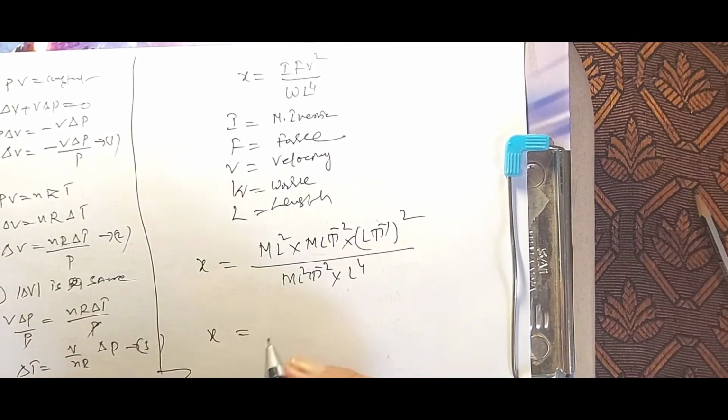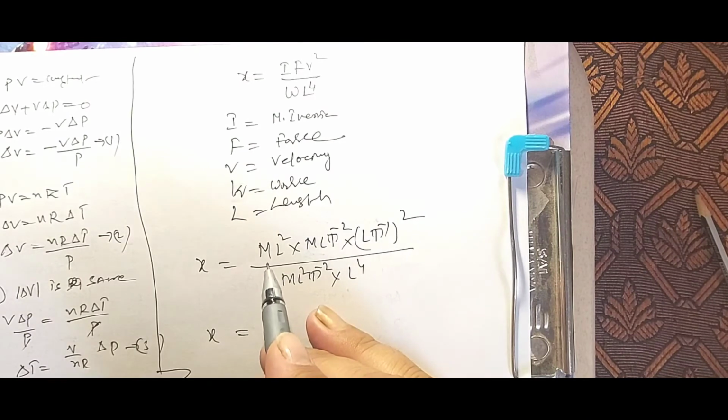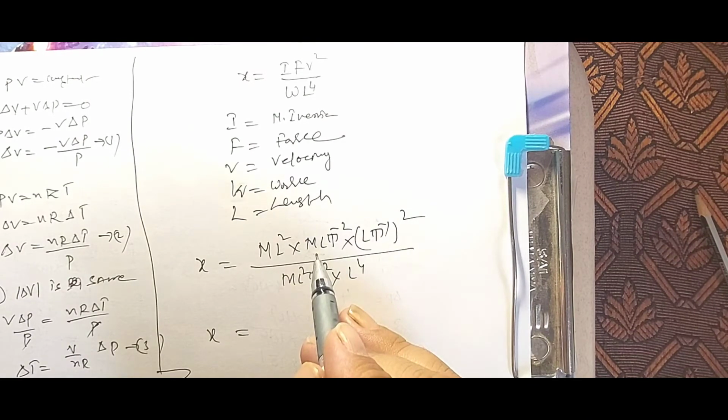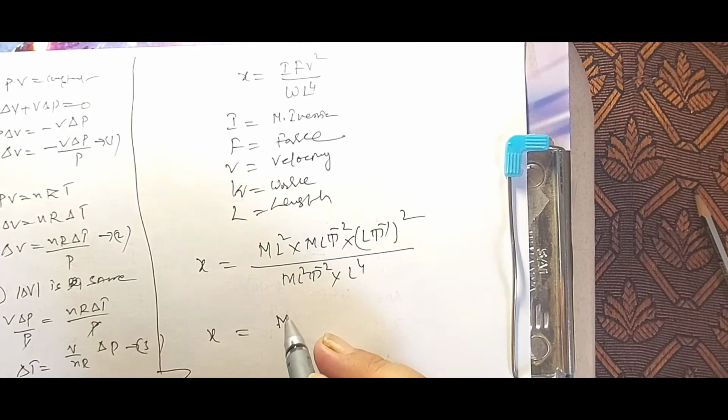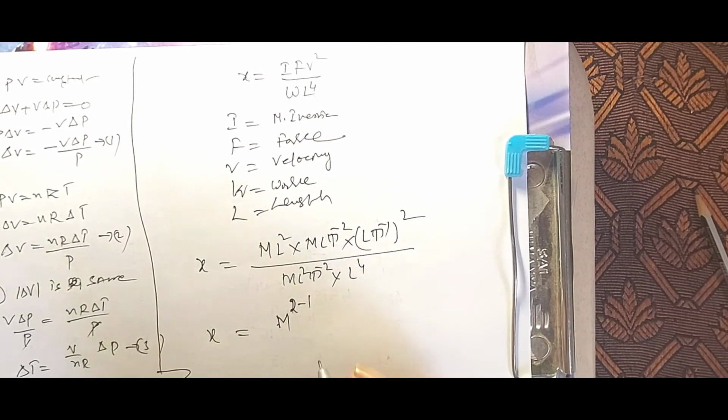So x is equal to, here m into m square, m to the power of 2 minus 1.